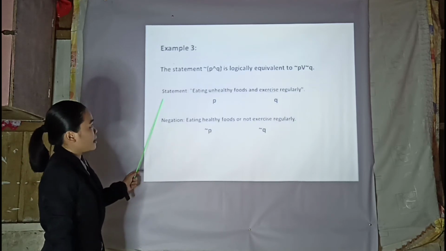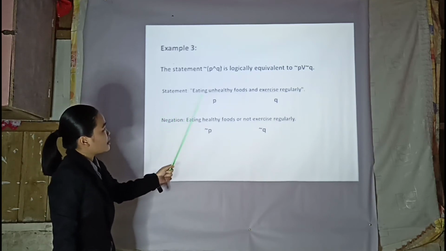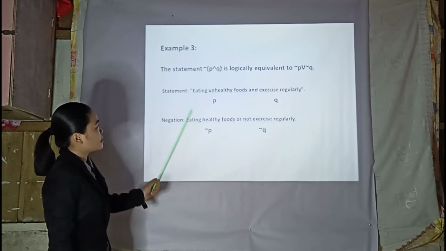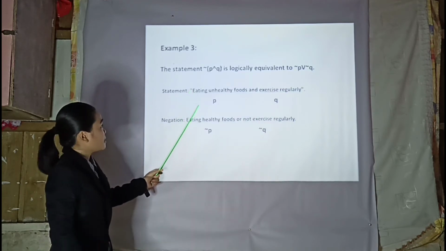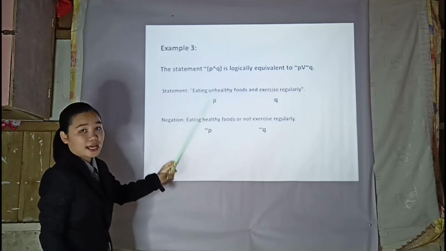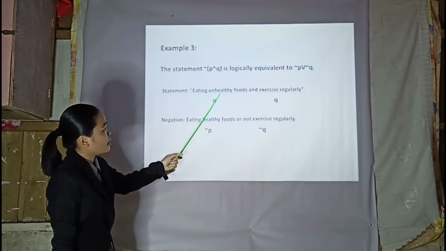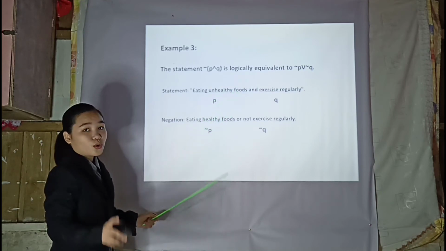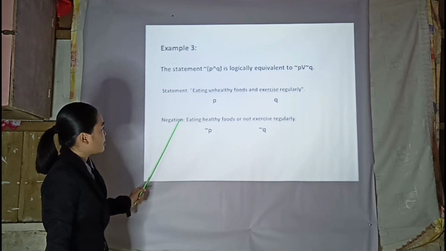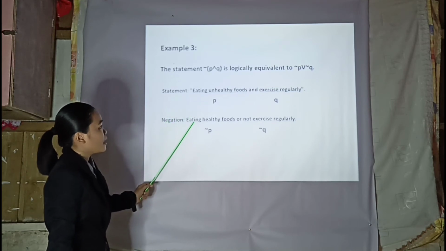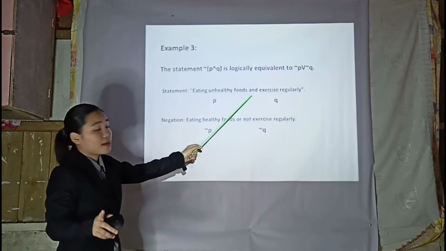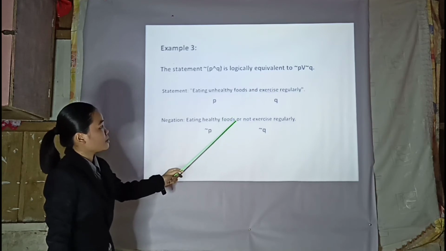So, the statement is eating unhealthy foods and exercise regularly. As you notice in our statement, the statement P here is negative because it is unhealthy. So, if we negate the negative, the negation of this statement is eating healthy foods, and we will use here the and connective, so it becomes or.